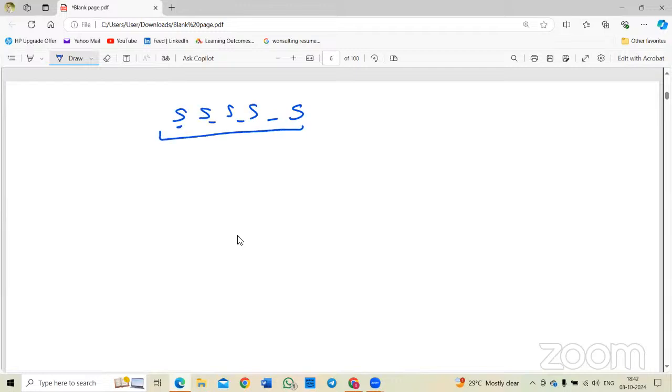If you have 45 players, then what is the median? The 23rd value is the median. So before the 23rd, all the values would be S. And after that, we are not sure how many medium sizes there are, how many large sizes, or we can also have small sizes as well.